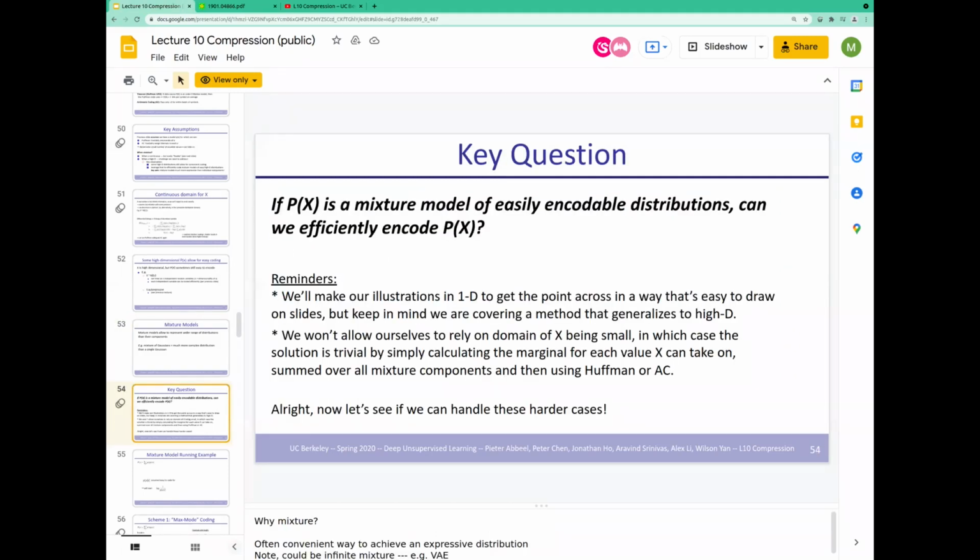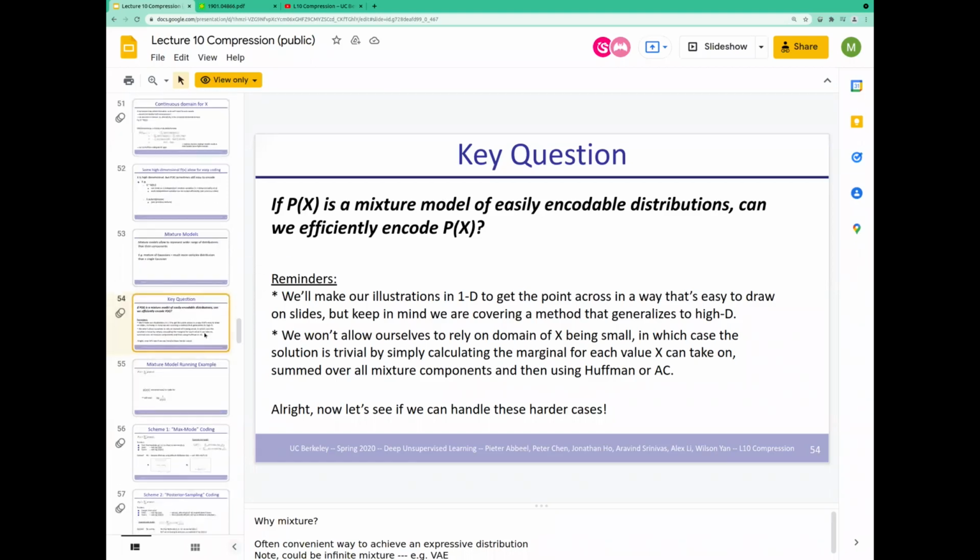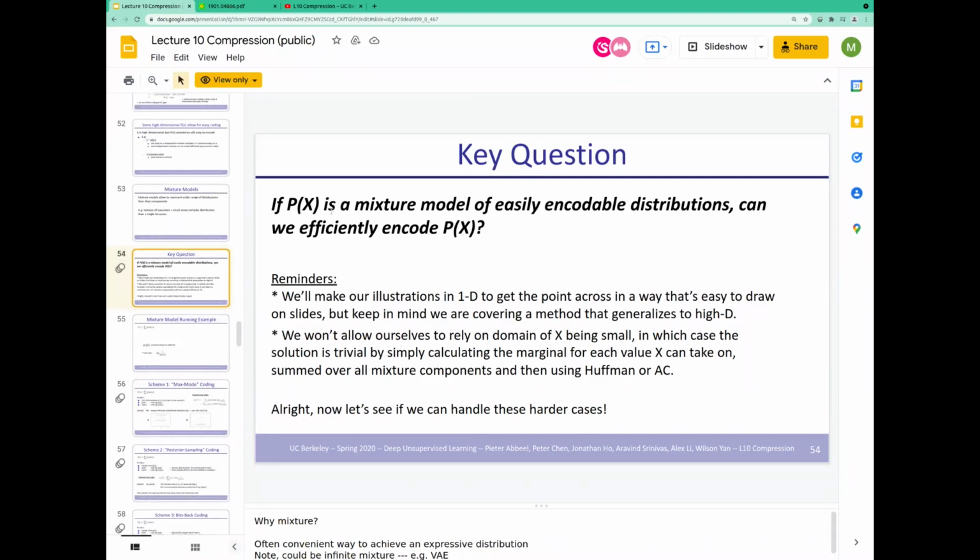So here's the question that they ask: if p of x is a mixture model of easily encodable distributions, can we efficiently encode p of x? So our data comes from a mixture model of easily encodable distributions. How do we encode it efficiently? That is the main question.